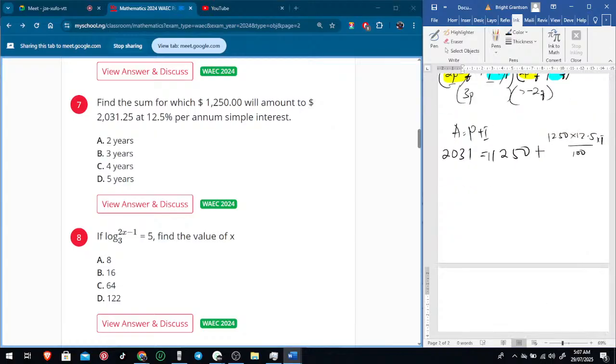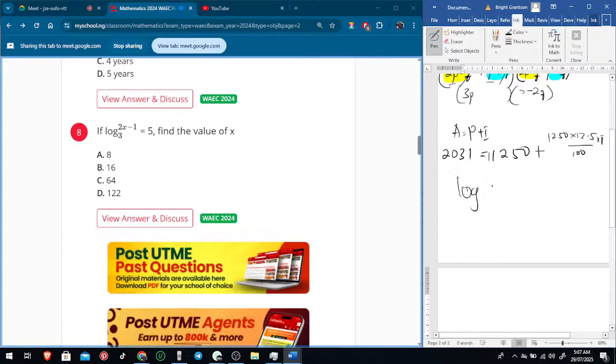Now, listen, logarithm is the question I'm talking about. You have log of 2x minus 1 base 3 equals 5. Whenever you see something like this, use the change to exponent form.